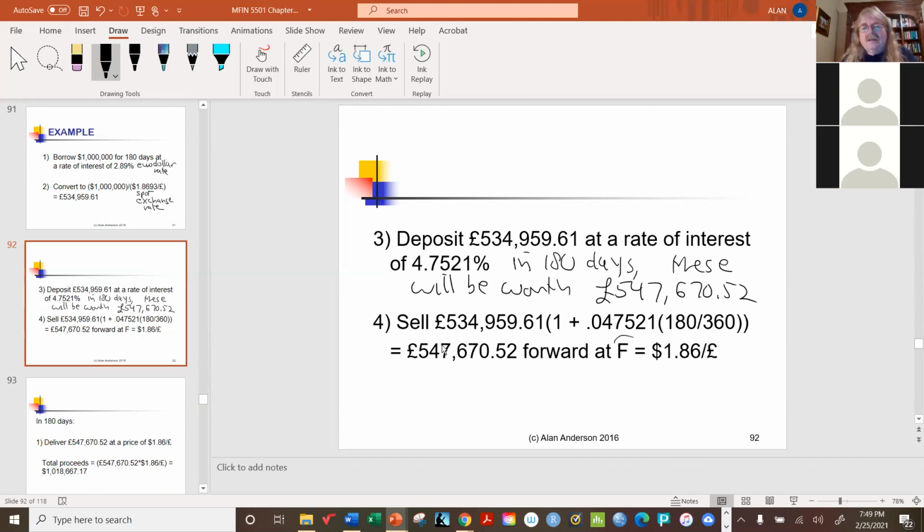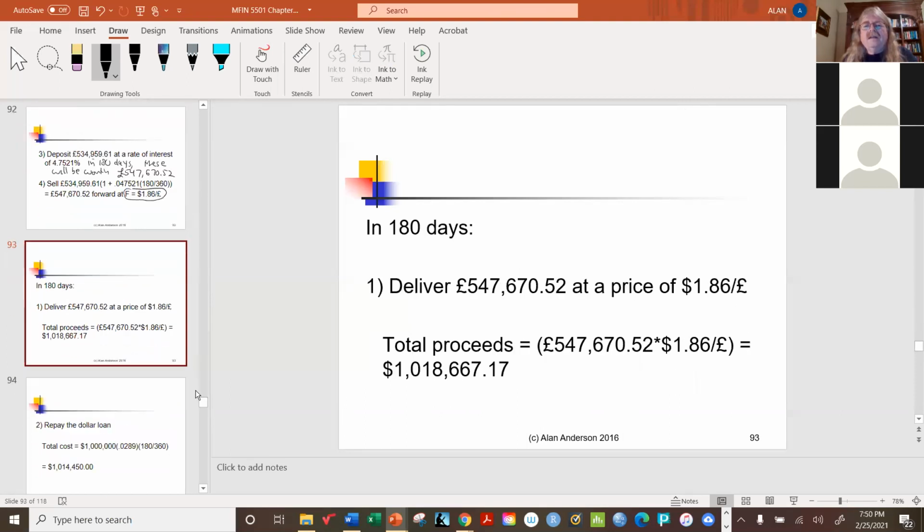But guess what? The contract price is too high. So how much will these pounds be worth in 180 days? Well, let's find out. So in 180 days, you deliver these forward pounds through your contract, and you end up earning $1,018,667.17.